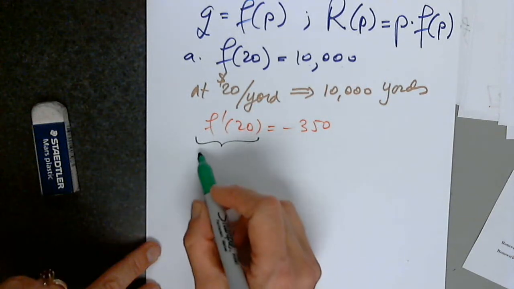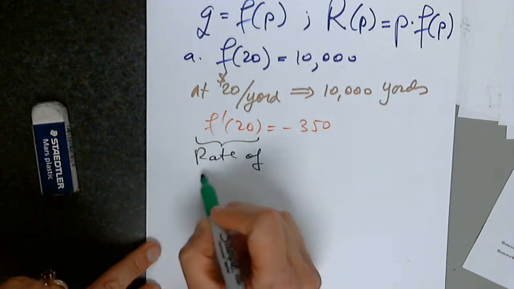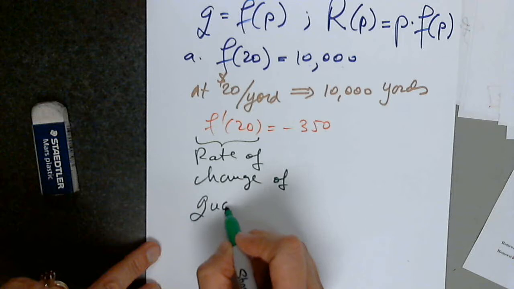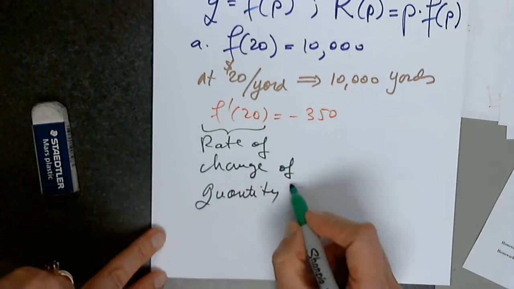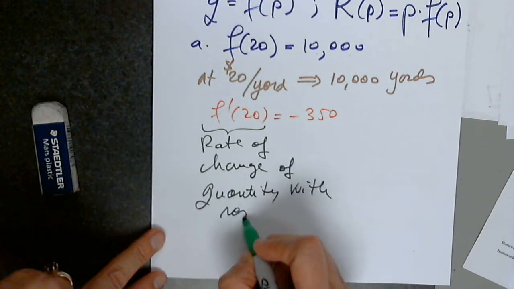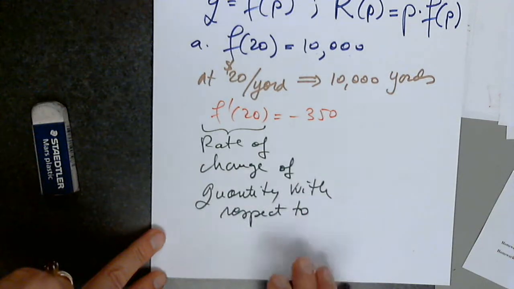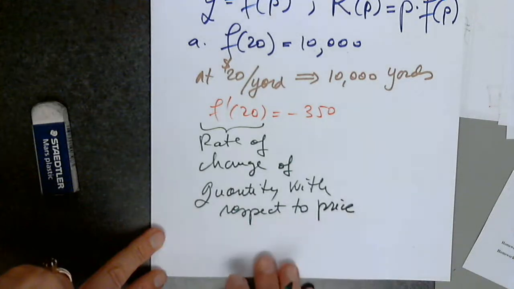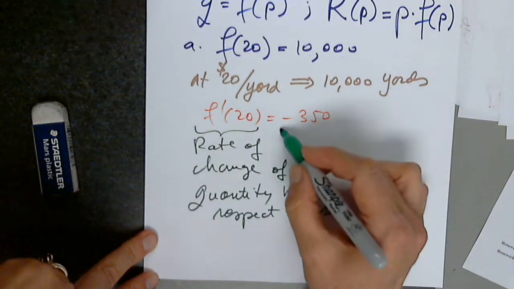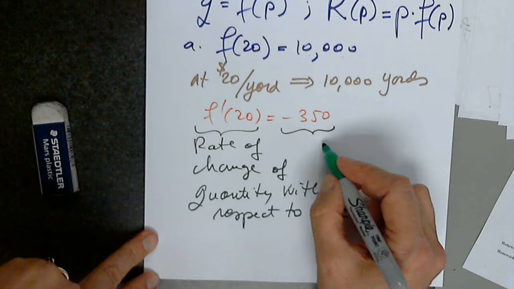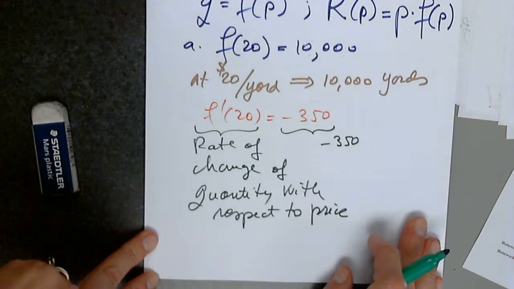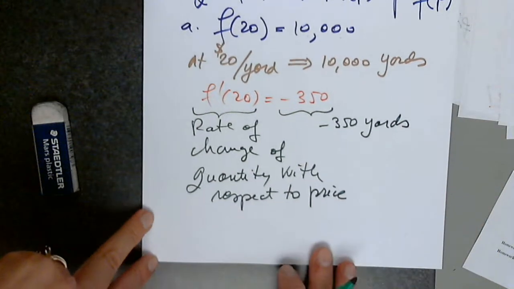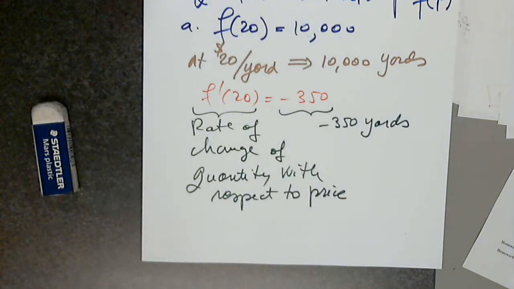This is definitely the rate of change of quantity with respect to price. Very good. And this is negative 350 what? Very good. So how do we interpret this?